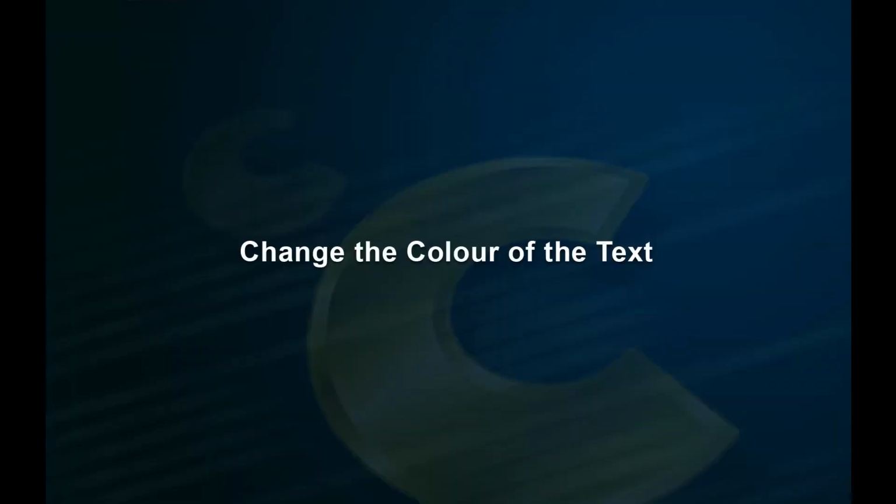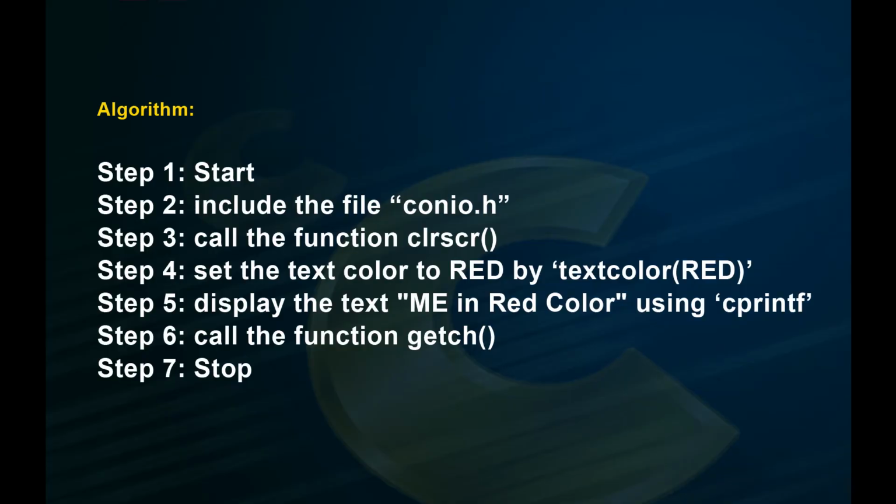Now, let us move to the second program, which explains how to change the text color using C. Now, you go through the algorithm first. Step 1, start. Step 2, include the file conio.h. Step 3, call the function clrscr.